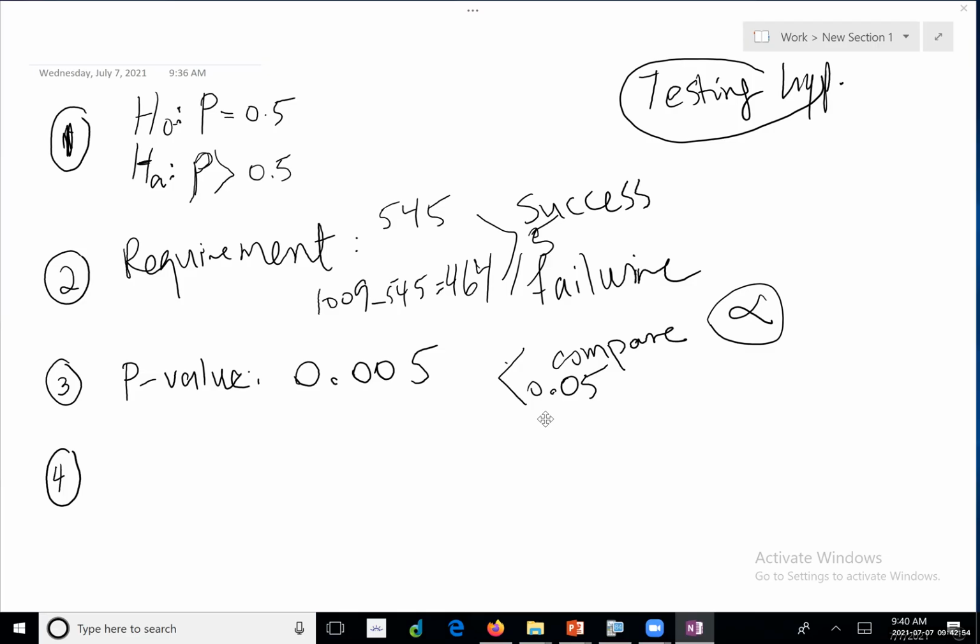You remember with intervals we had some fixed words. Same thing with testing.